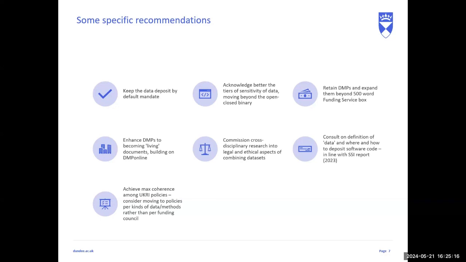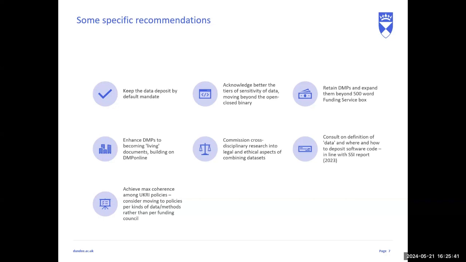An important recommendation given this audience was the retention of data management plans and the expansion of them beyond a move that ESRC has made from having a data management plan document of, let's say, 3 pages of A4 long to a 500-word text box, which is accompanying the move from a very old-fashioned grant application and management system to a new system called the funding service.